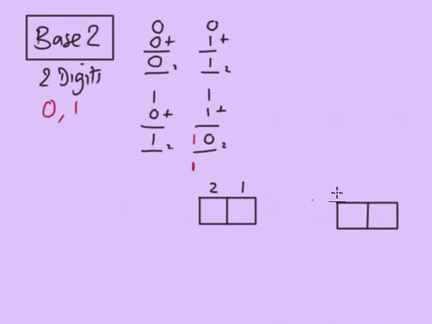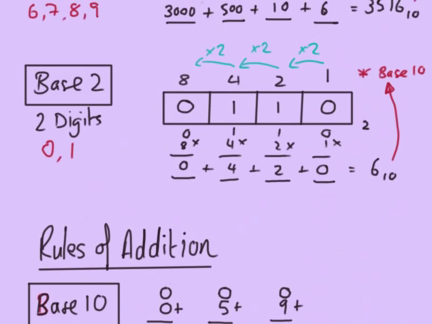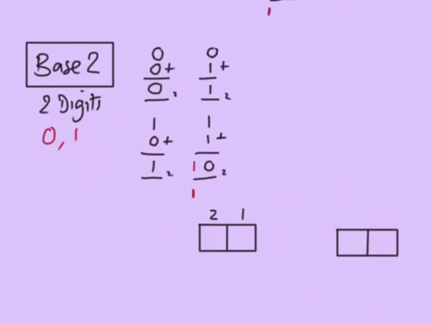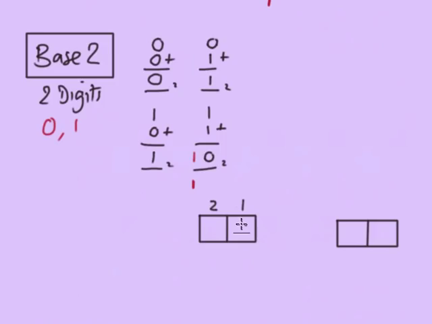So this is just part of that grid that I drew up here. It's these first two columns in this grid here. That's all I'm doing. And I'm saying, right, okay, well, this number is 0 and then 1 in there, which is actually 1 times 2, which is 2. And then 0 times 1, which is 0.